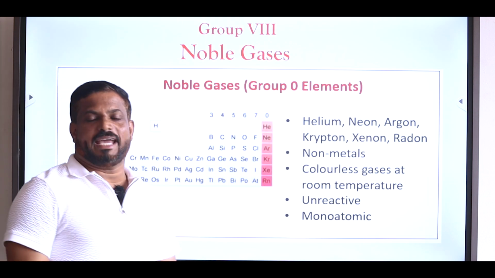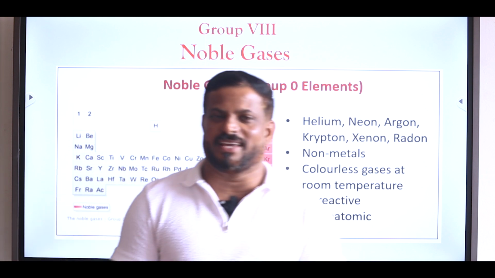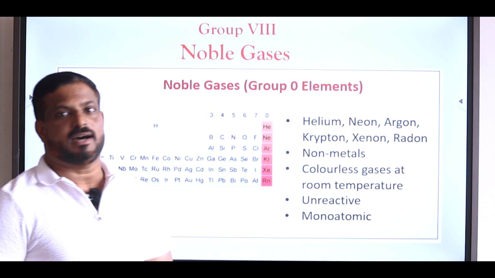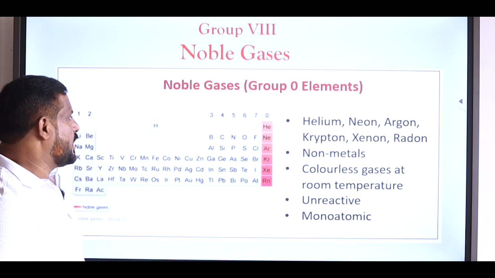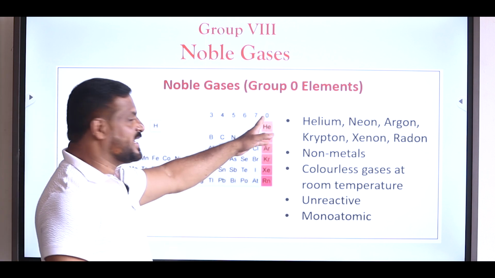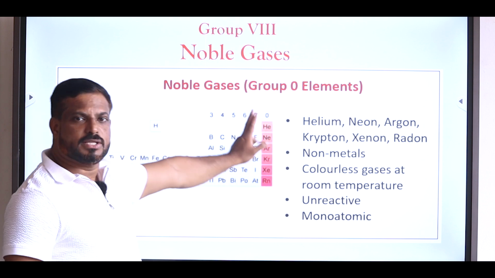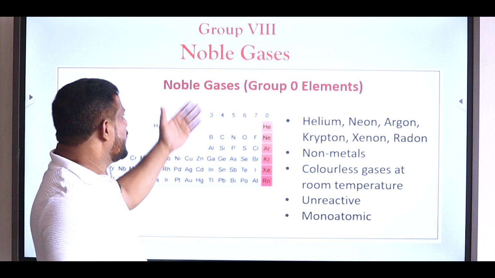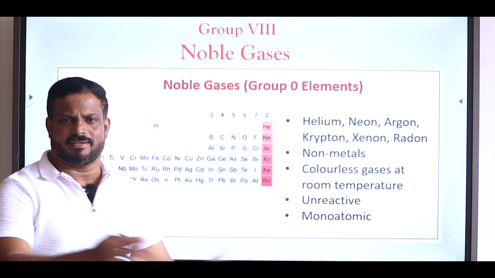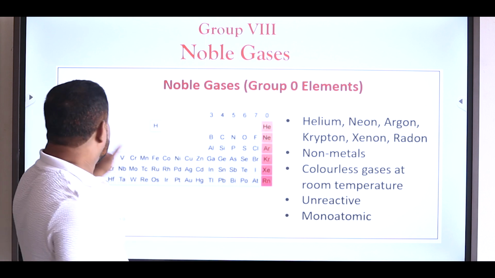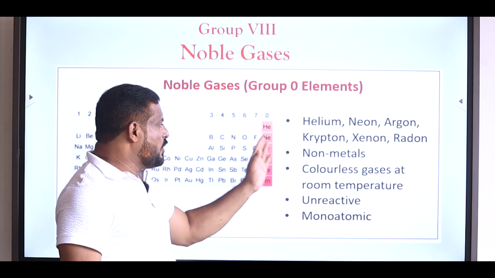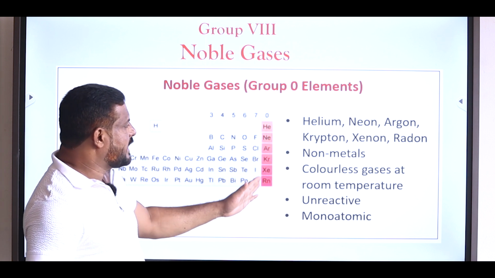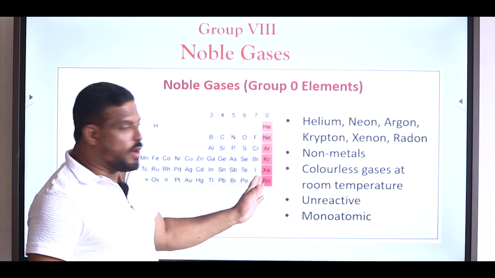Next, group 8, noble gases or inert gases. The members are helium, neon, argon, krypton, xenon and radon. The last one is mentioned in this picture as 0. Group 8 or group 0, noble gases, inert gases, different names are there. They are non-metals.